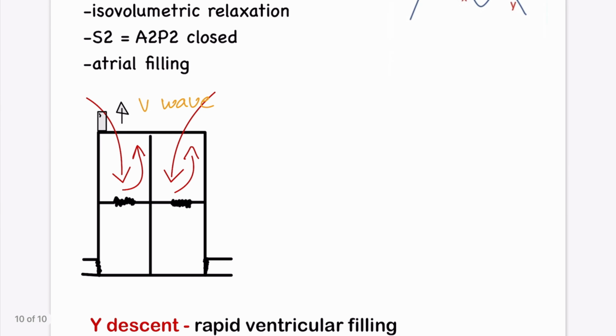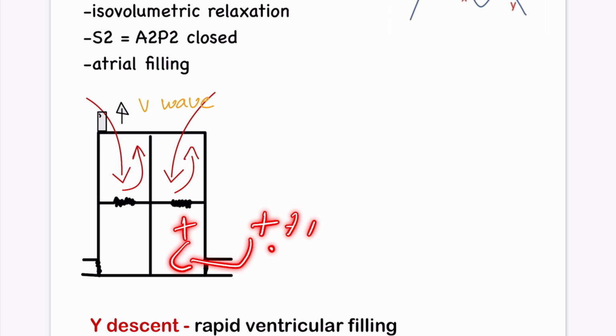So after the ejection phase, during the ejection phase, the left ventricle and the right ventricle are pushing the blood into aorta and pulmonary artery. So during this pushing phase, the pressure in the aorta and the pulmonary artery increases. So when the pressure in the aorta and pulmonary artery is more than the pressure in the ventricles, the aorta and the pulmonary artery closes, because if it doesn't close, there will be backflow of the blood because the pressure is more here and it's less here.